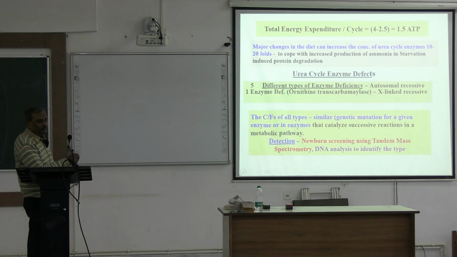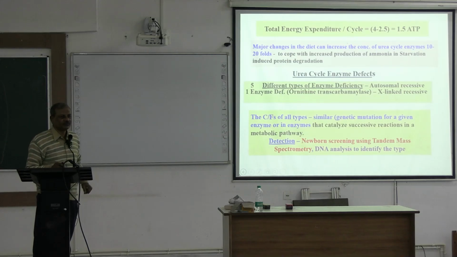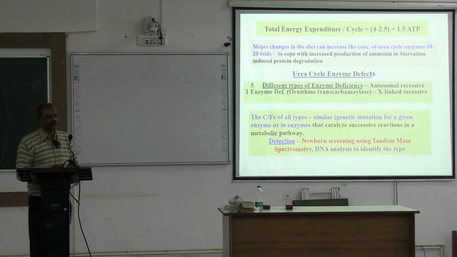Now, if you make a major change in the diet, like in prolonged starvation, there will be breakdown of protein. So, an extra load of amino acids will be there. So, the urea cycle enzymes have to handle that extra amount of ammonia into urea.